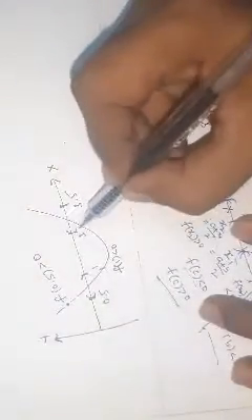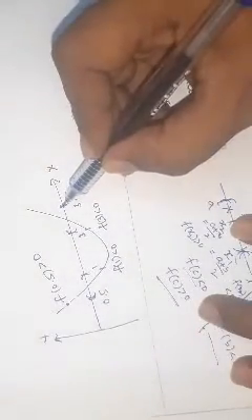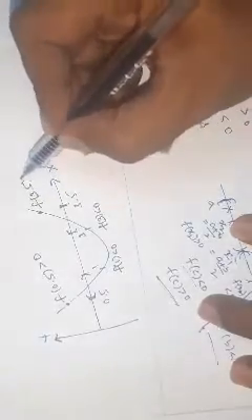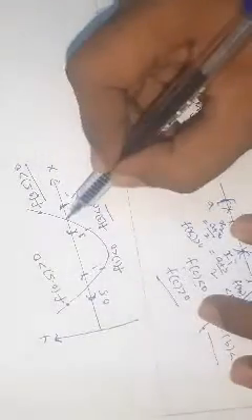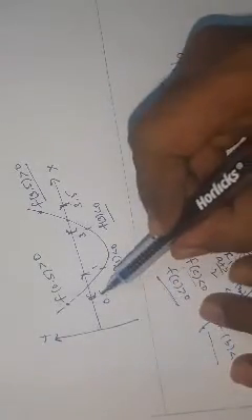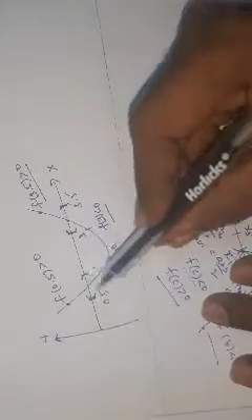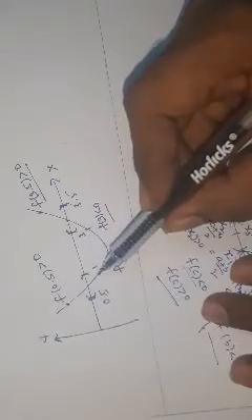Similarly, at 3, the function value is f of 3, which is negative, and at 3.5 the function value is positive. Since f of 3 and f of 3.5 are of opposite sign, the root lies in between 3 and 3.5. Similarly, f of 0.5 is positive, f of 1 is negative, so the root lies in between 0.5 and 1.